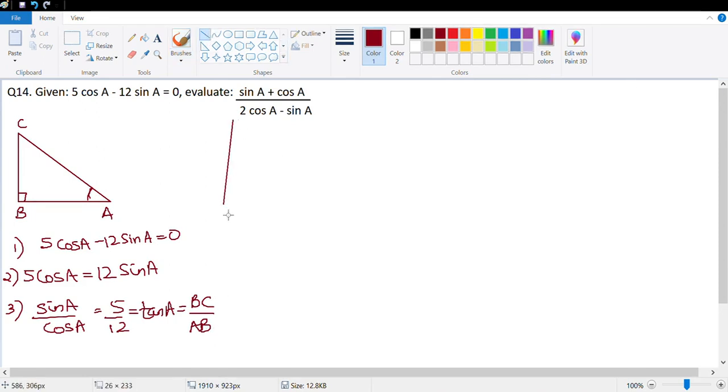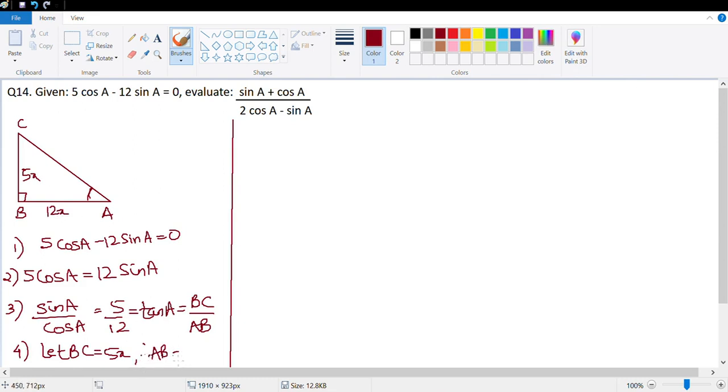Like I said earlier, this is a ratio, which means BC is not equal to 5, it is equal to a factor of 5. So let BC be equal to 5x. So if this is 5x, AB is equal to 12x. Let's apply Pythagoras theorem.